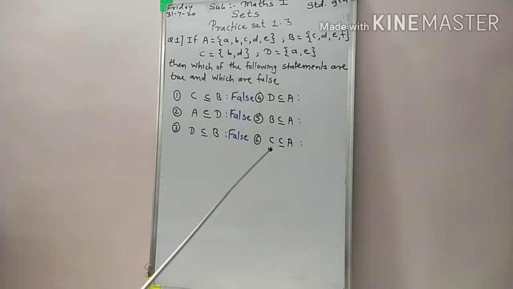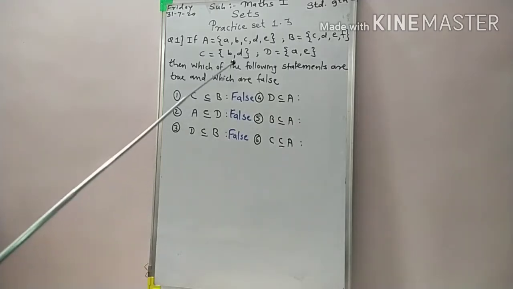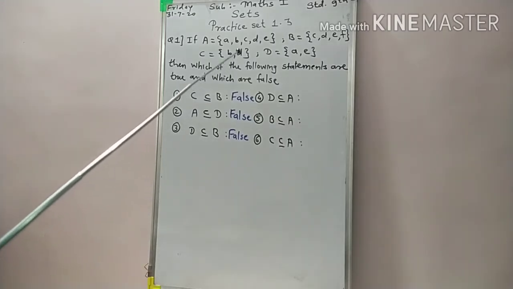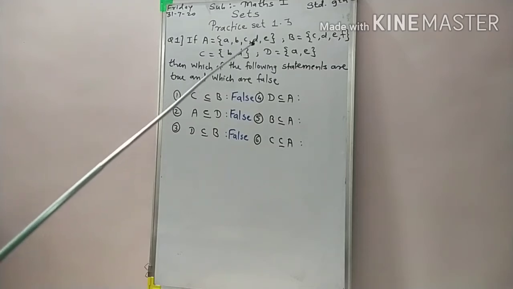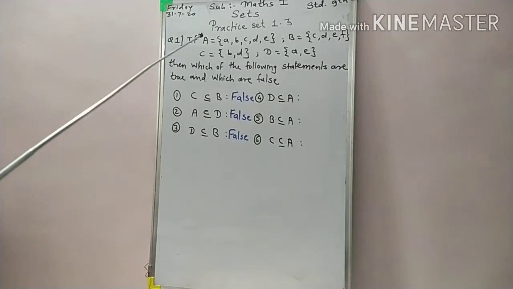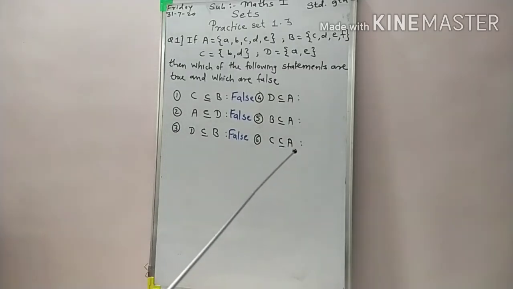Okay, and C is a subset of A. C has these two elements, B and D, and both elements are in set A, as we notice here, so set C is a subset of set A. That statement is true.